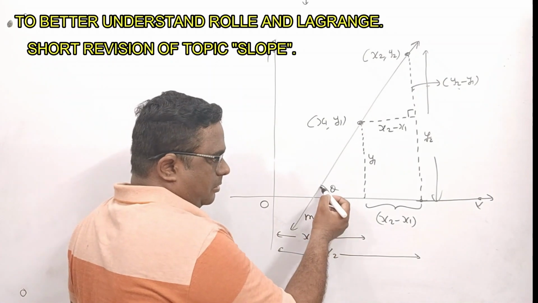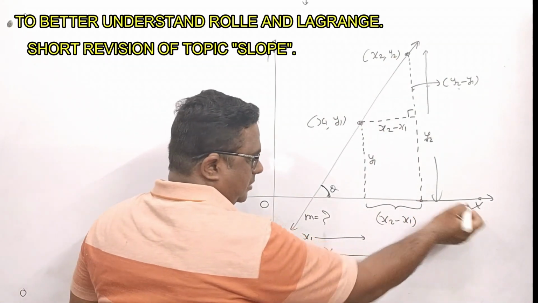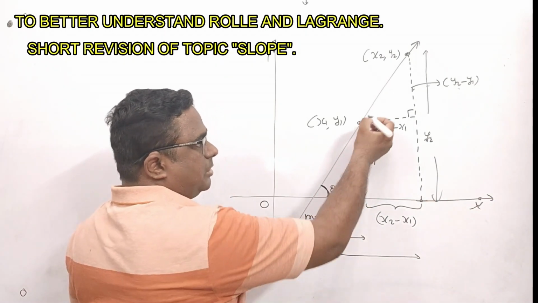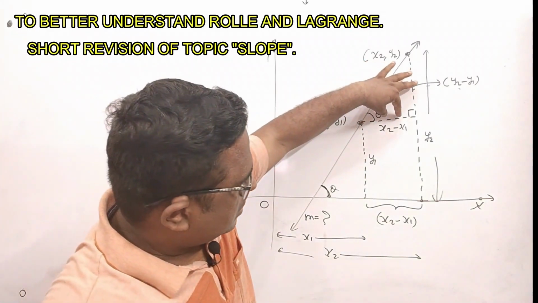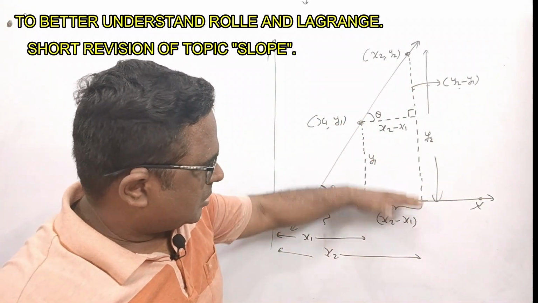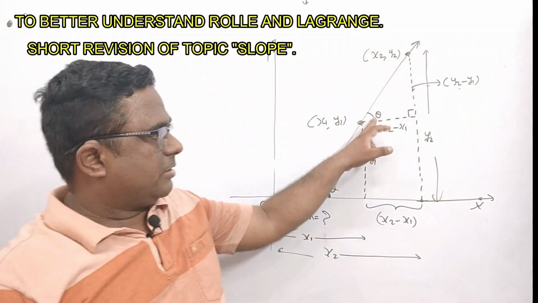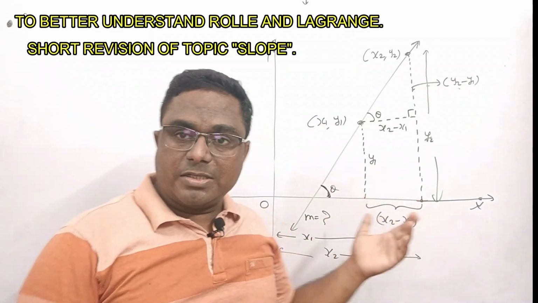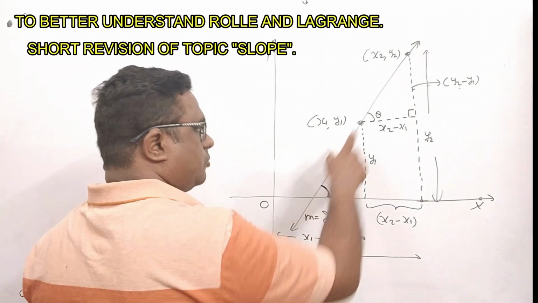Now theta is the angle of this line from positive direction of x-axis, and if this angle is theta, then this angle will also be theta, because this horizontal segment is parallel to x-axis. So if it is parallel to this and this line is transversal, so these two angles will be equal by corresponding angles axiom, and if these two angles are equal, then if it is theta, so it will also be theta.